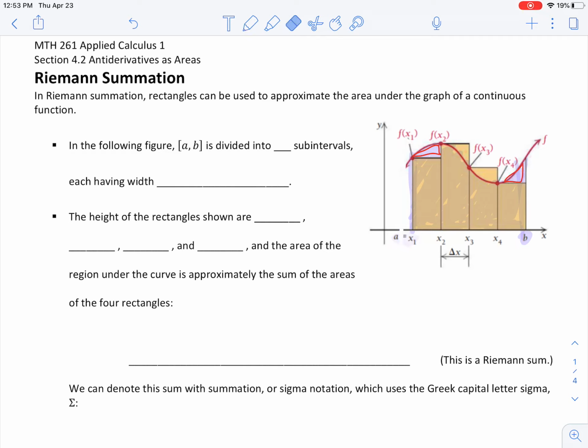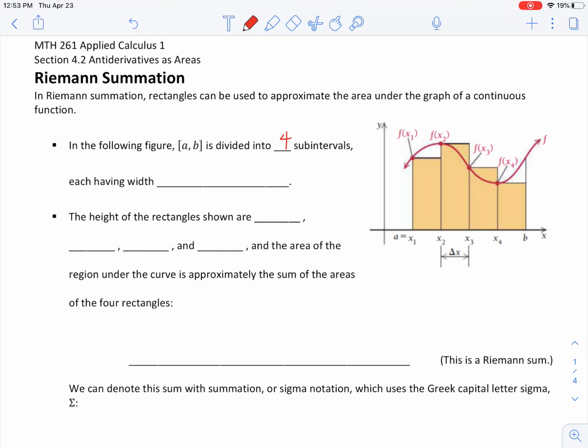Now, the rectangle method will work, but notice how some rectangles are actually bigger. They're above this curve. And areas like these, this much and that much, are not really getting added, right? So it's not going to be the exact area, but it's going to give us a good approximation, okay?